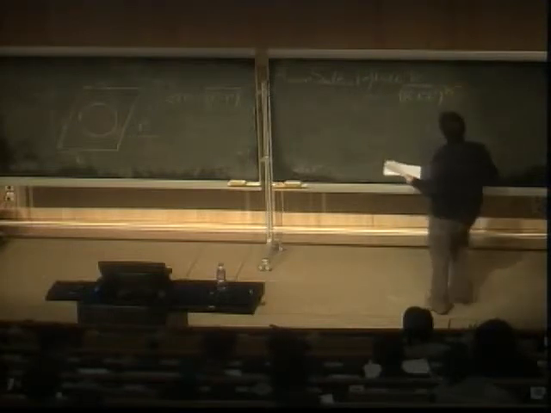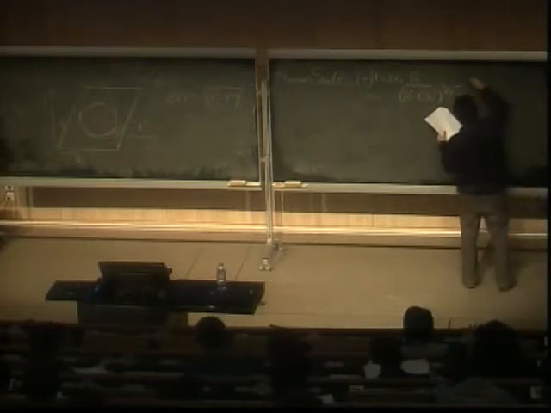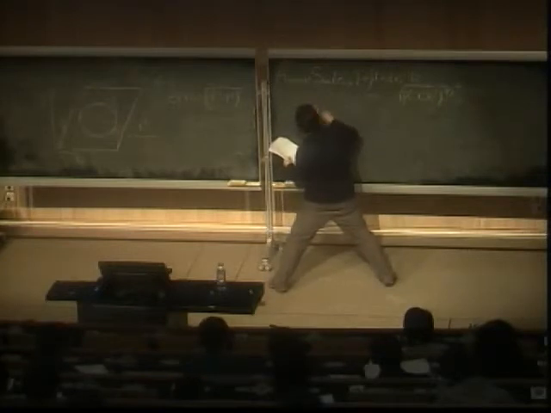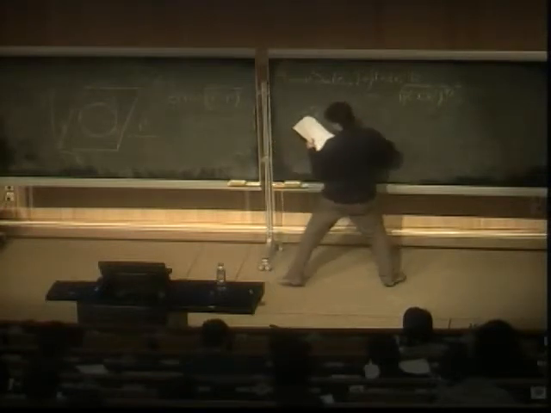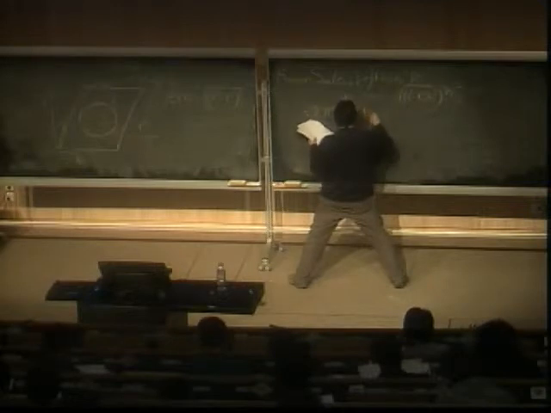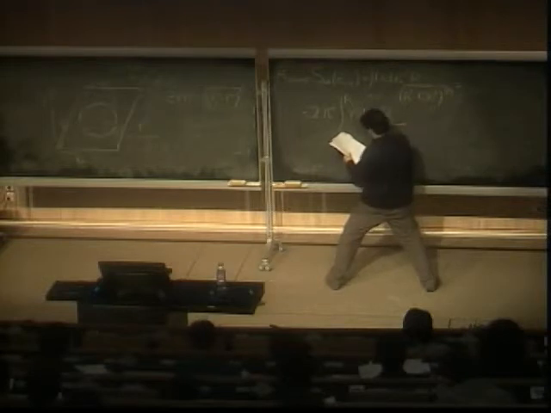Now let's use polar coordinates. This is equal to 2 pi times the integral between 0 and capital R of r dr. This 2 pi is because of the angular integration, and this is R over R squared minus little r squared to the 3/2.